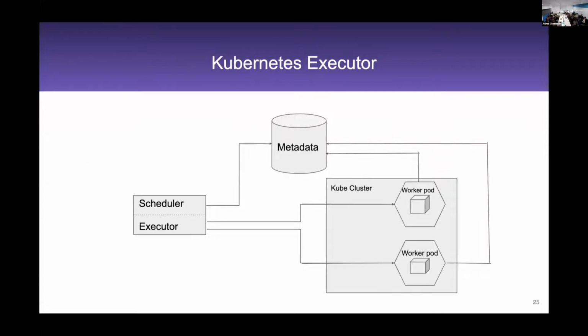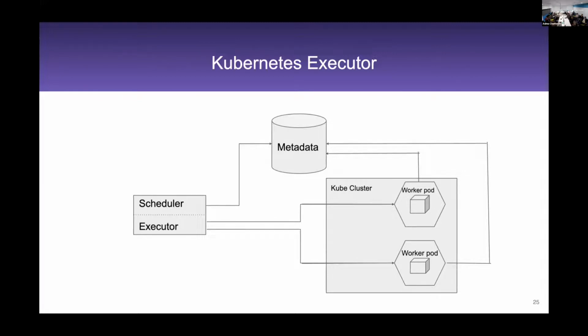Now the Kubernetes one is a bit different from the Celery one. Kubernetes runs its tasks in complete isolation. Once your scheduler is ready to give the task instance to the executor, the executor picks those task instances and spins up a pod, and your task runs inside that pod.